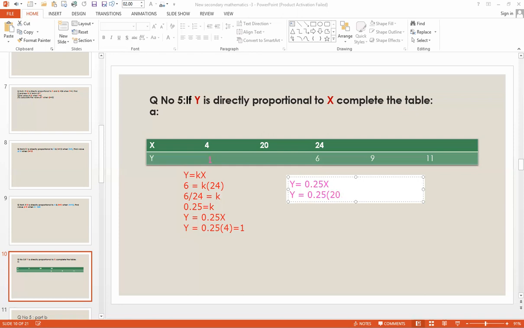Am I right? So we will get the value with the help of calculation. You simply multiply 0.25 by 20 and you will get 5. So y is equal to 5 when x is equal to 20. So here I have to put 5.